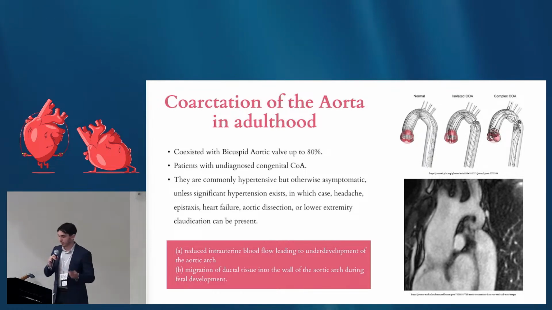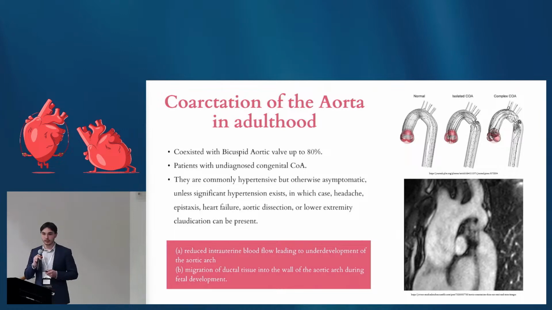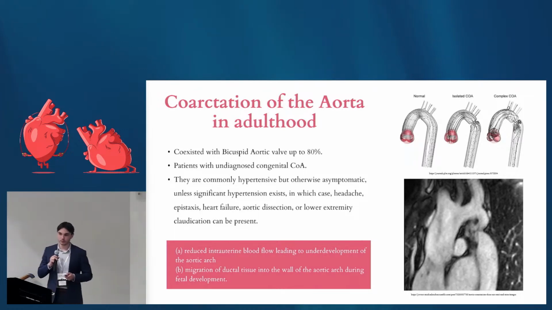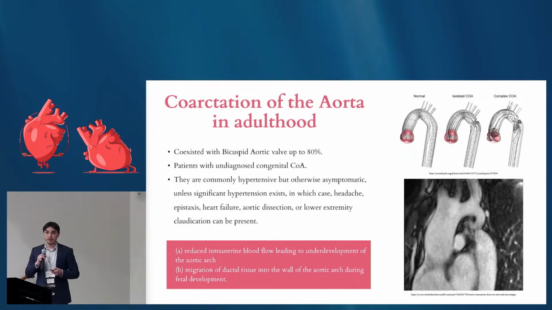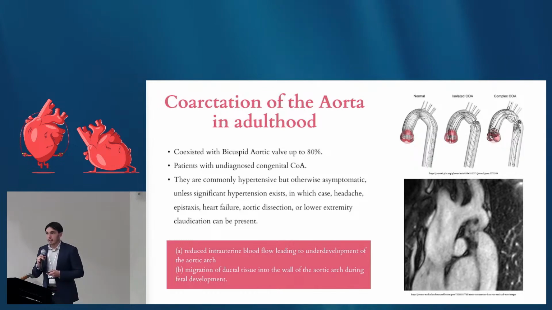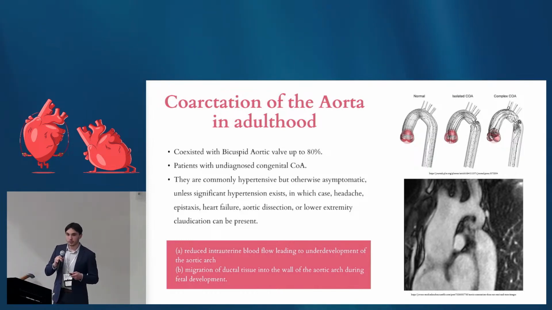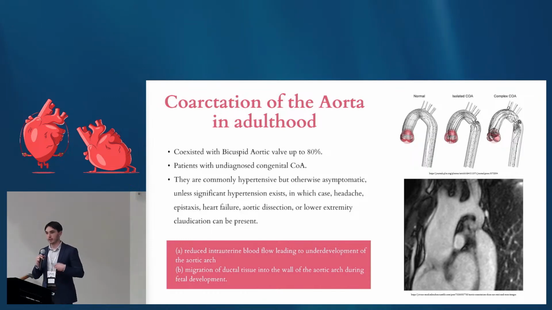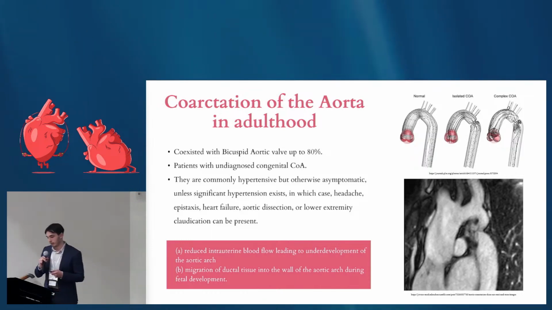Just to have some introduction to the topic, coarctation of the aorta is one of the most common cardiovascular congenital defects, and it is usually diagnosed and treated in childhood. But there are 3% of patients who remain asymptomatic until adulthood, when they start suffering from hypertension or heart failure.